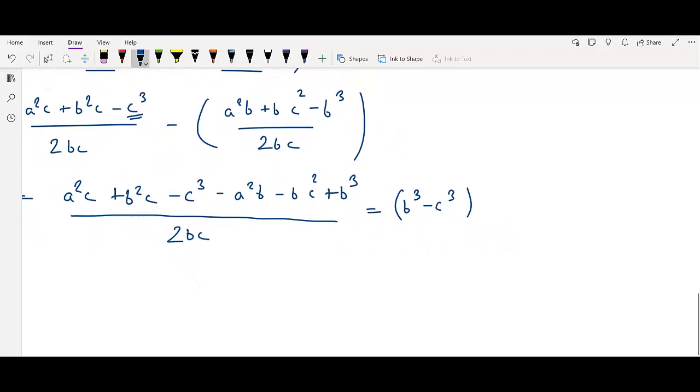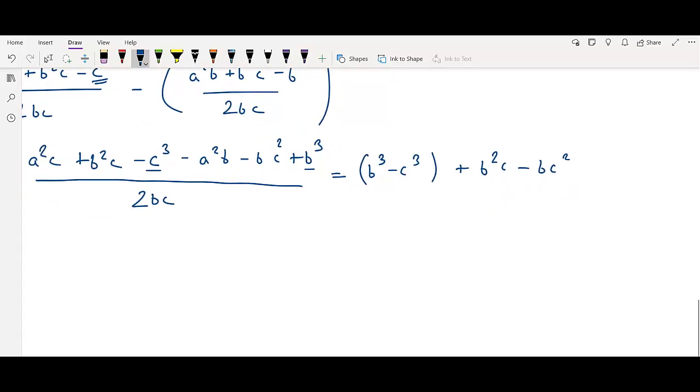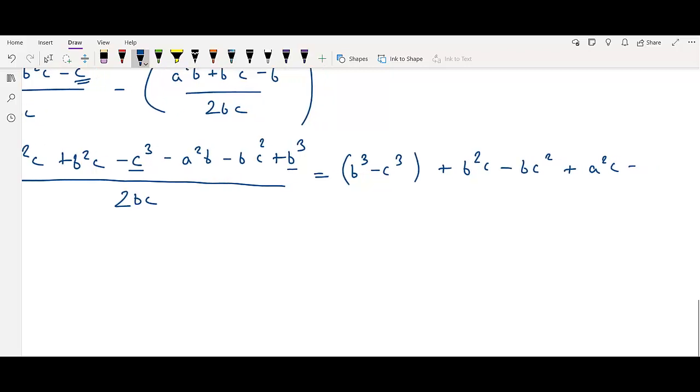So b cube minus c cube plus, let's say I have b square c minus bc square, okay, plus, let's say I have a square c minus a square b, okay, upon 2bc.